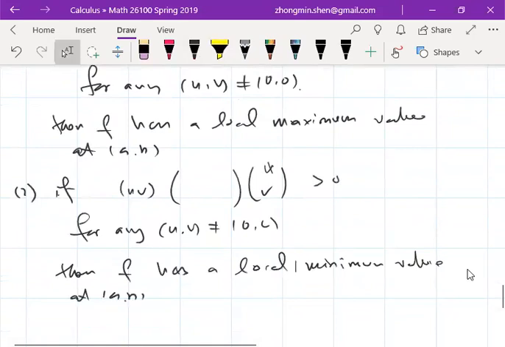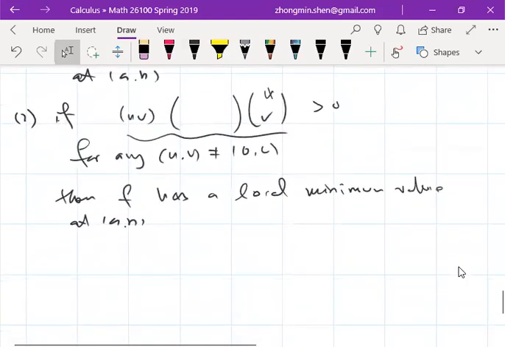The only problem is how do you check that? Whether it's always positive.